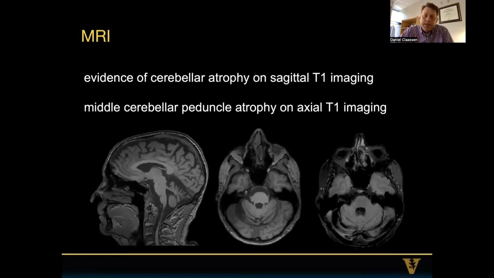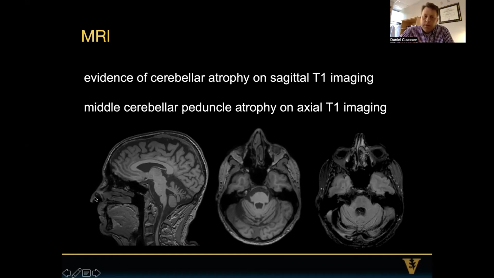So this is an example of a classic MRI scan in a patient that has multiple system atrophy. What you can see here are 3 images. The one on the far left is what we call a sagittal scan, and that's looking at the side of a patient.